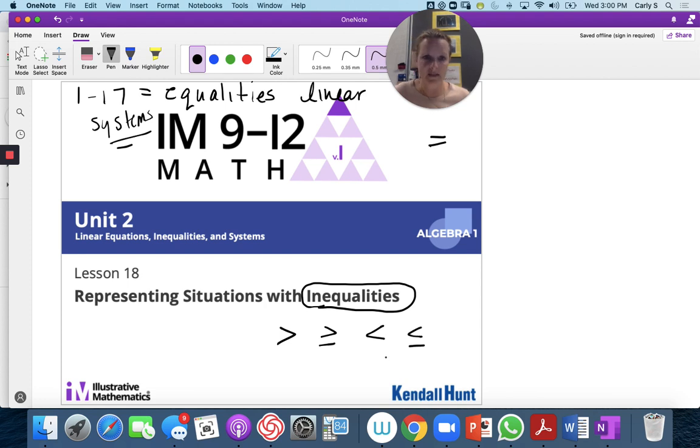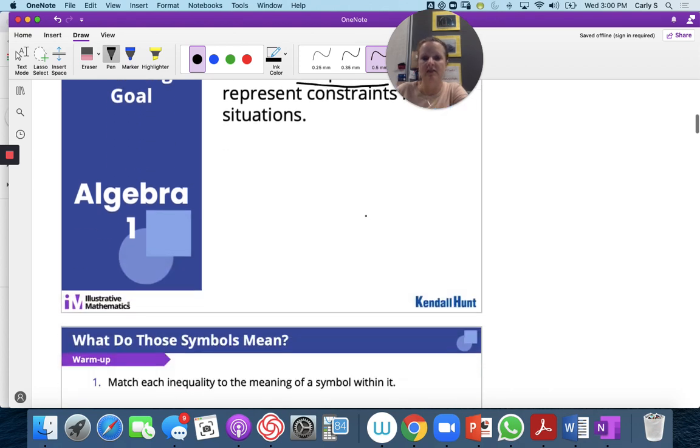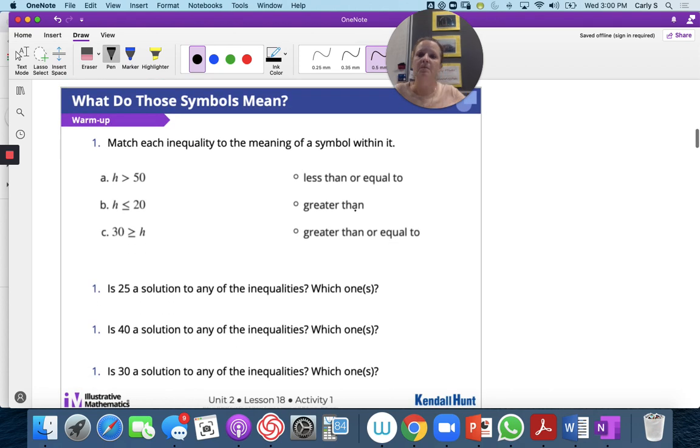These are all inequalities as opposed to equalities, which are all equal signs, all right? So let's use inequalities to represent constraints in situations. Match each inequality to the meaning of a symbol within it.